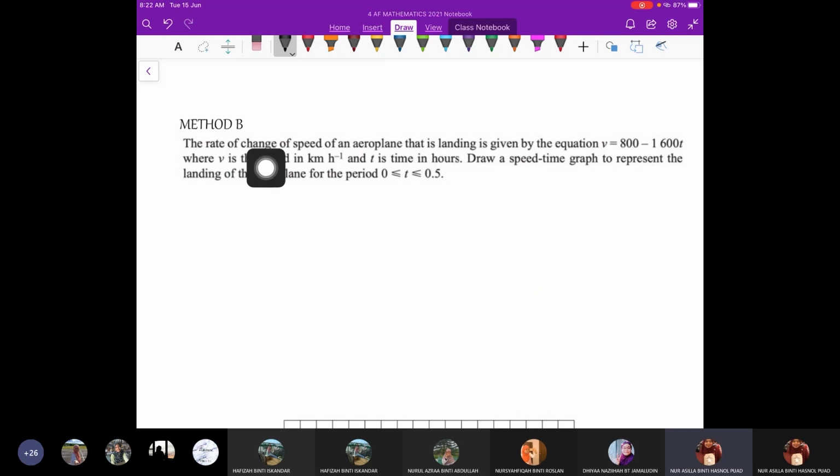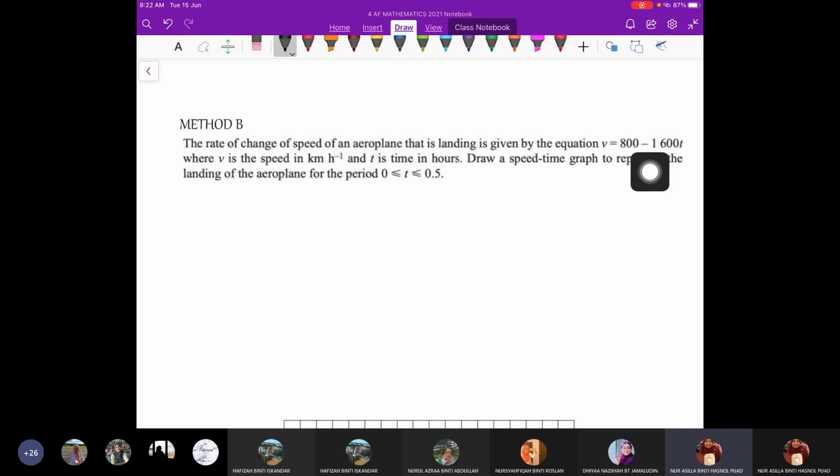So the question: the rate of change of speed of an aeroplane that is landing. Okay, the rate of change of speed. So now we are talking about speed. So rate of change of speed, meaning this is actually acceleration of an aeroplane that is landing is given by the equation.